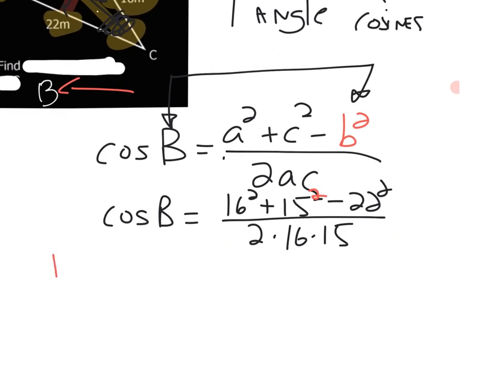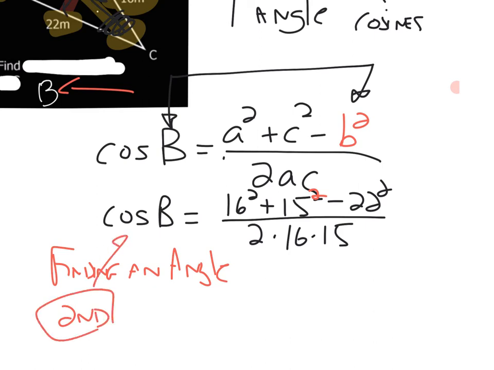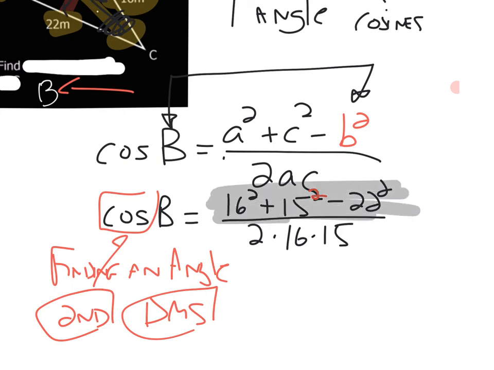Here, since we're finding an angle, we're going to be pressing the second button, and then cosine, and then we're going to have to DMS our answer. So you're going to type in second and then cosine, and then this entire right-hand side.